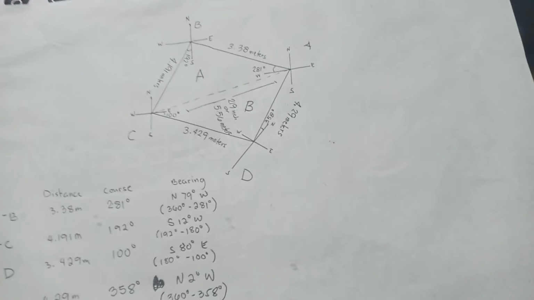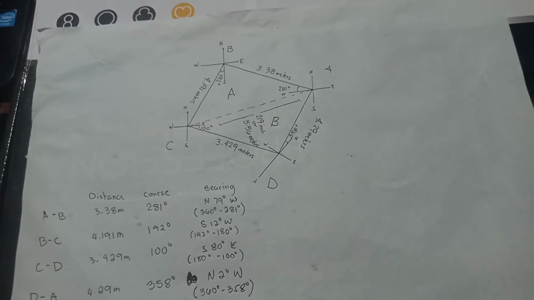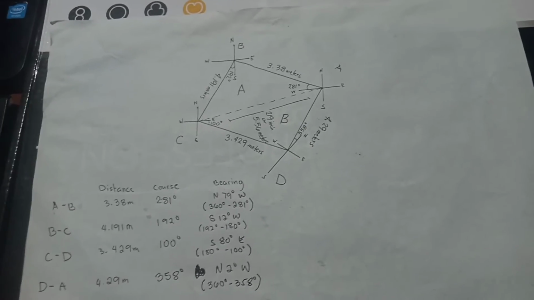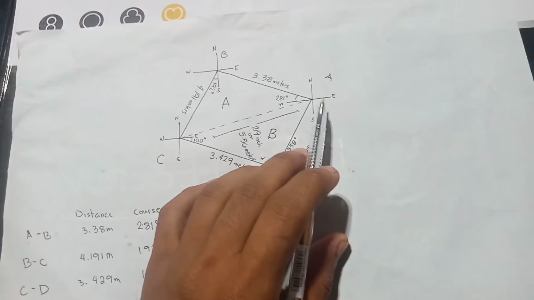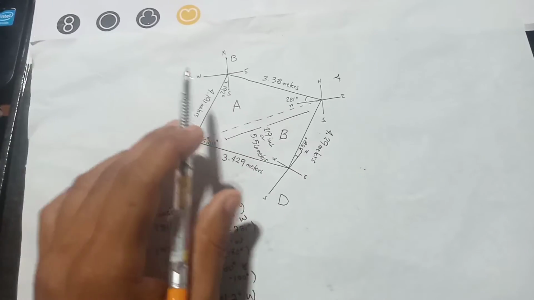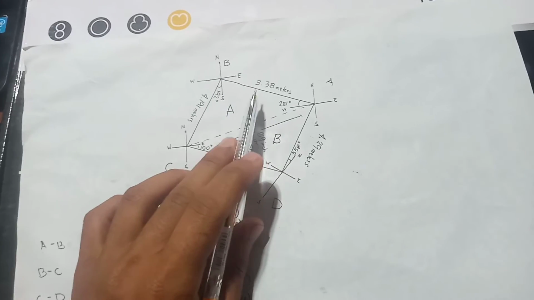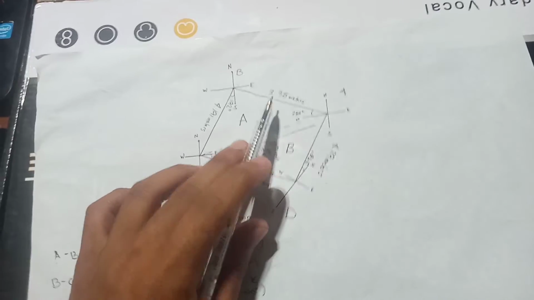And so after measuring the land, I have here an illustration so I can perform the necessary calculations like the perimeter and the area of the land. I have illustrated here point A to B, which has a course of 281 degrees, the distance of 3.38 meters.